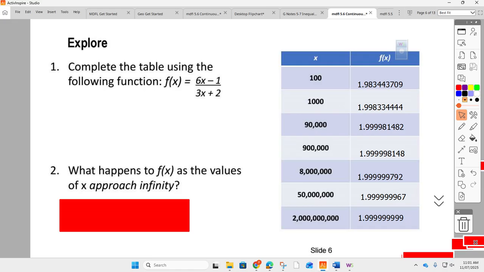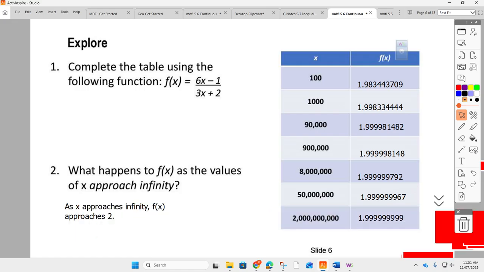We can see that it's going to approach 2, and that will be considered a limit. Our other example had no limit. So what happens to f of x as the values of x approach infinity? As x approaches infinity, f of x approaches 2. It's never going to get there.